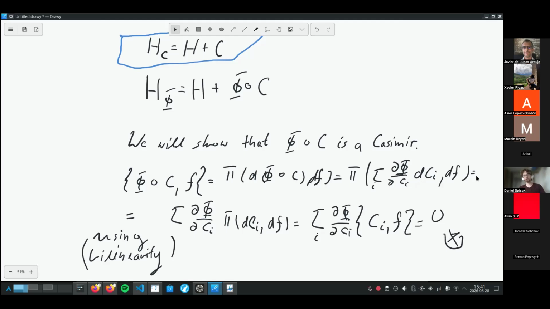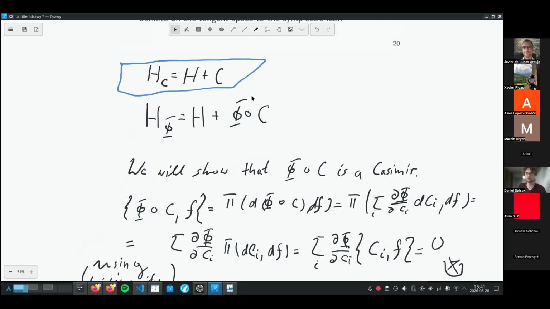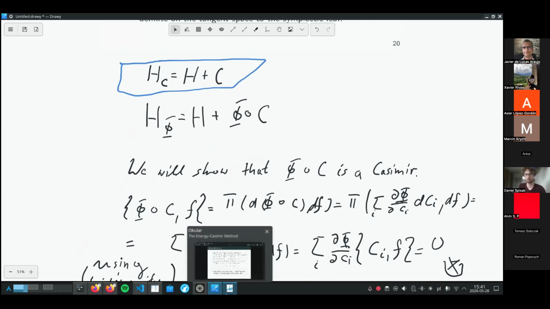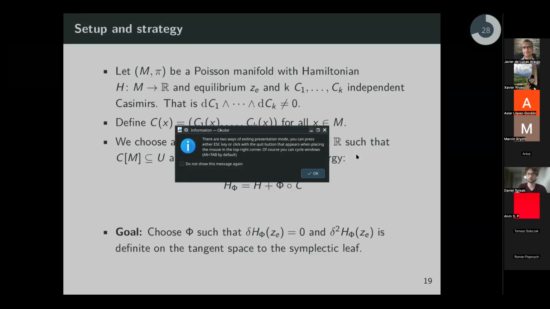Now we use bilinearity, and what we get is the P-vector of the derivative of the Casimir with any smooth function. But this is a Poisson bracket of the Casimir and a smooth function. This is 0. So indeed phi of C is also a Casimir, and actually you can just write H plus C and it will change nothing. However, in the example I will present, this notion is worth bearing in mind.